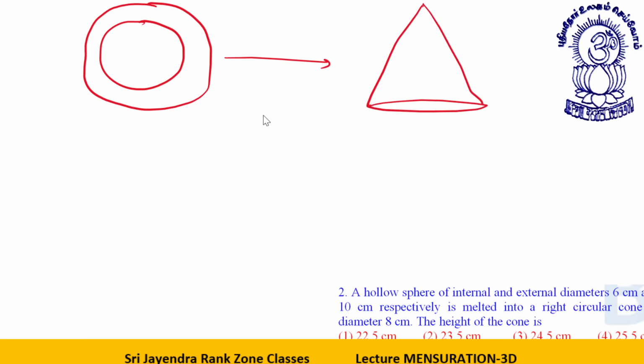What will happen? Volume will remain the same. Now, what is the volume? The volume over here is 4 by 3 pi R cube minus r cube. Here, the volume will be 1 by 3 pi r square h. So the volume of a cone is this.